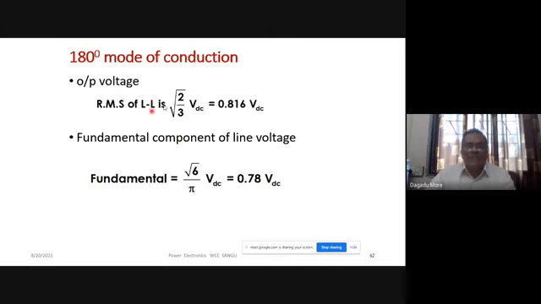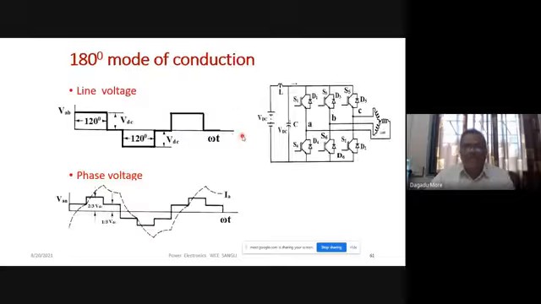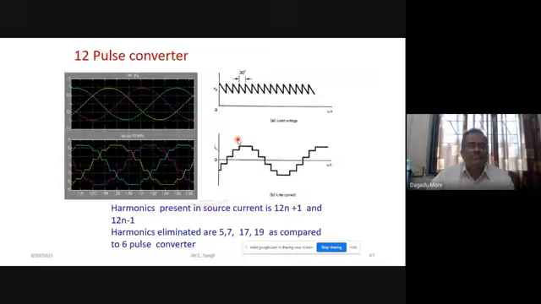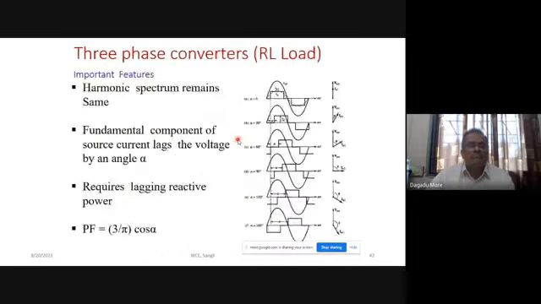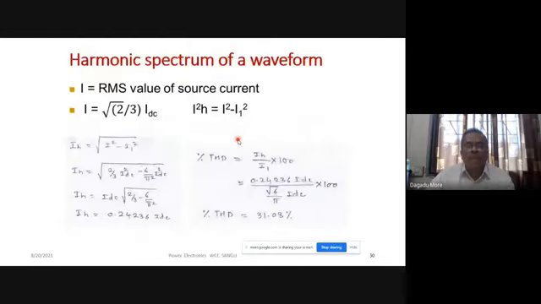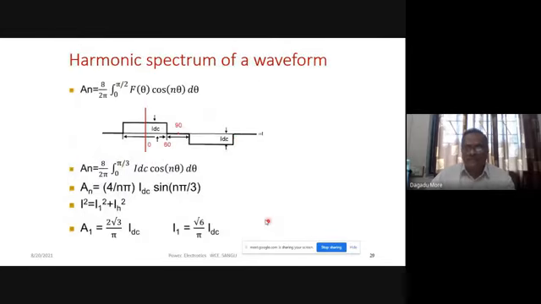The RMS line voltage will be square root of 2 by 3 VDC, that is 0.816 VDC. We have already done the expression for AN, and this is our expression, which we have shown here.